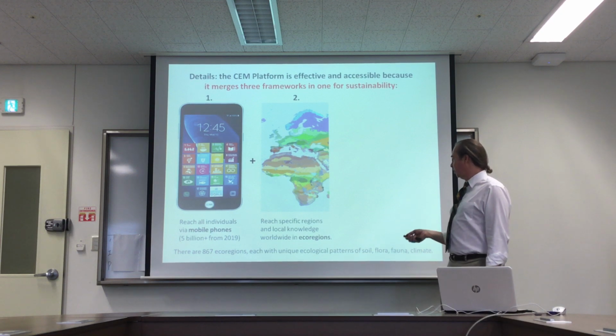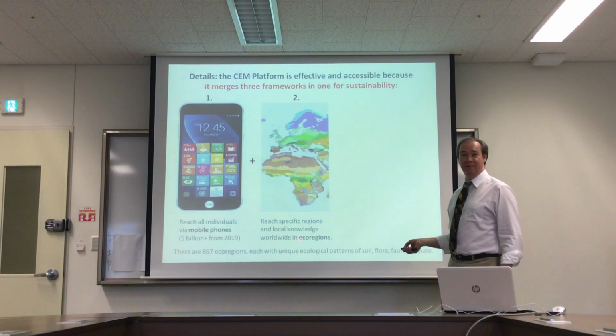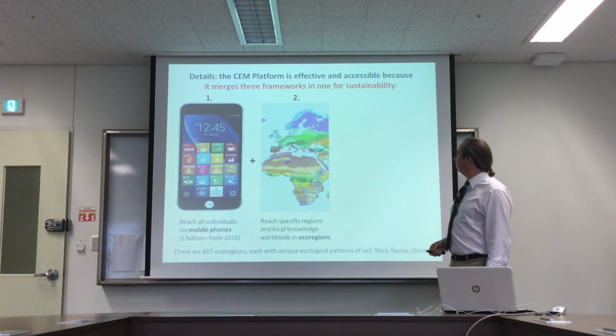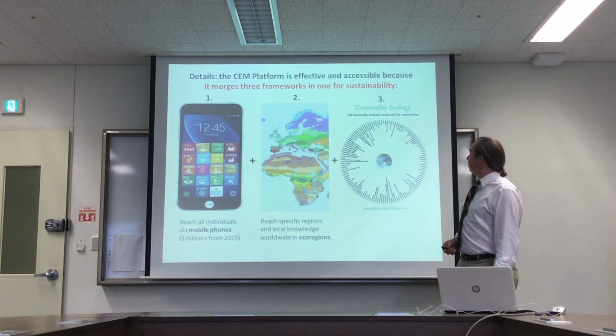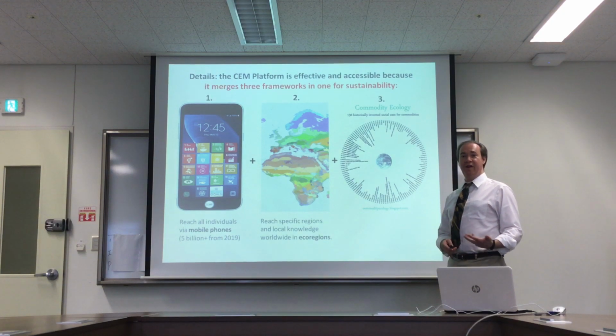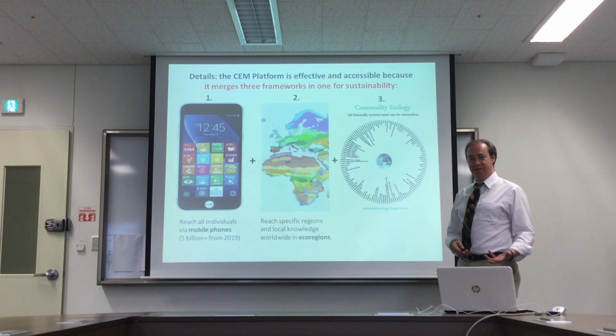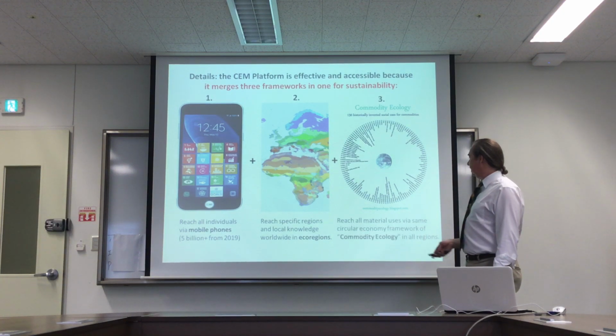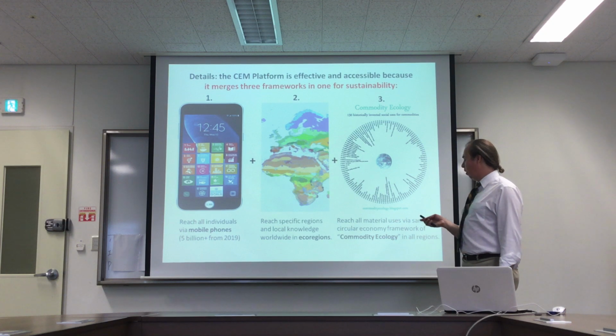And this is a way to reach local knowledges and worldwide for all ecoregions. The third point is the commodity ecology circular economy diagram or conception, which is my own. And this allows us to reach all material uses via the same circular economy framework of commodity ecology in all regions.